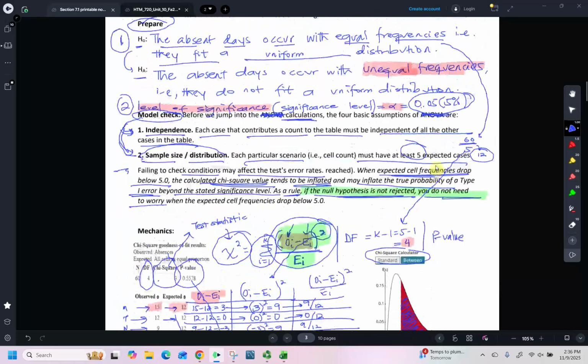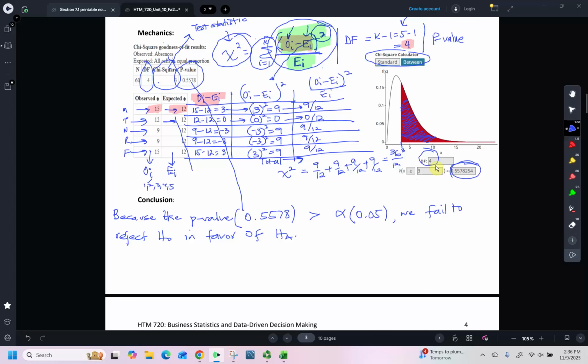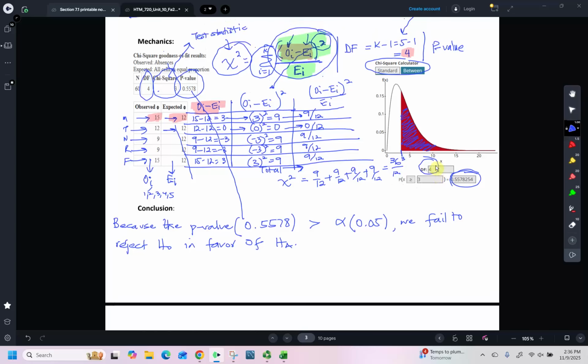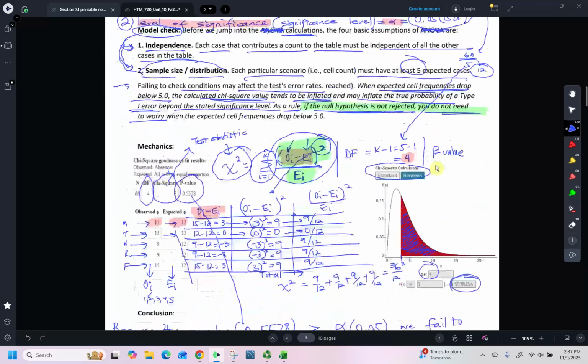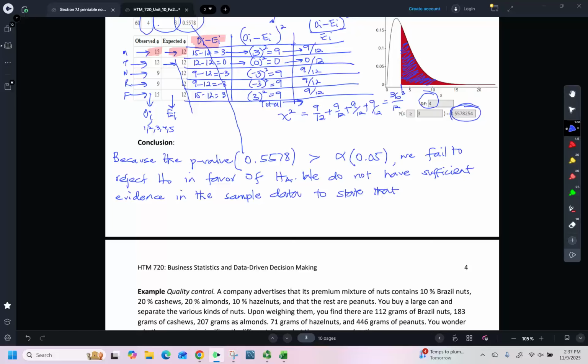Remember, the alternative hypothesis is the research hypothesis. So this means that since we're going with the null hypothesis, we do not have sufficient evidence in the sample data analyzed to state that the alternative is true, to state that the absent days occur with unequal frequencies.